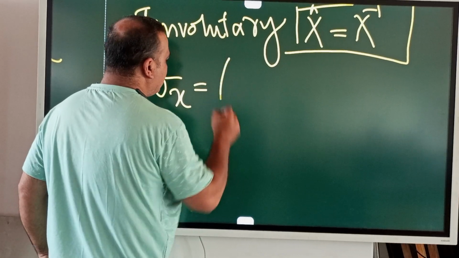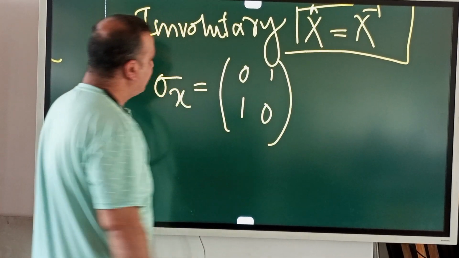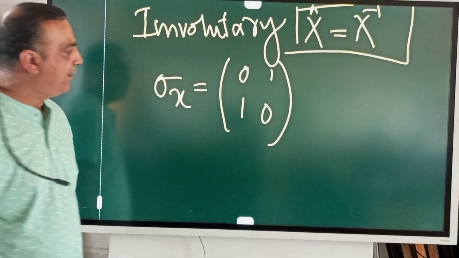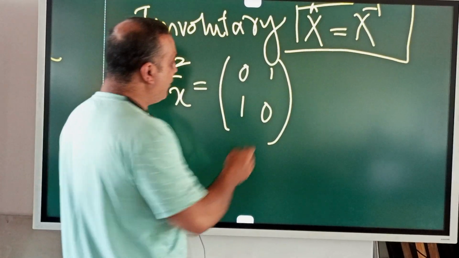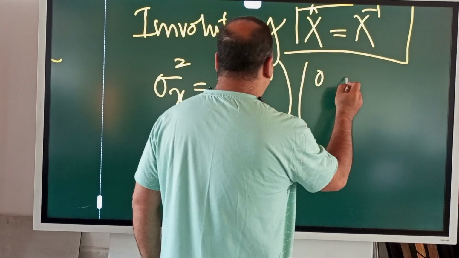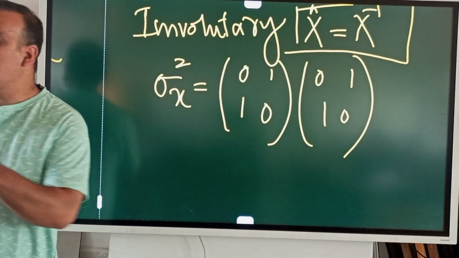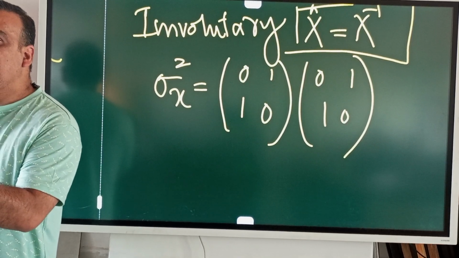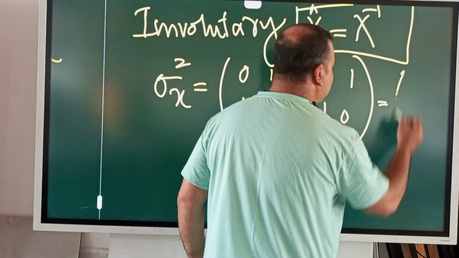That is 0, 1, 1, 0. Right? And let me take sigma x squared simply. So that will be this times 0, 1, 1, 0. Am I right? I have taken the square of sigma x. So what will you get here? Multiply this.